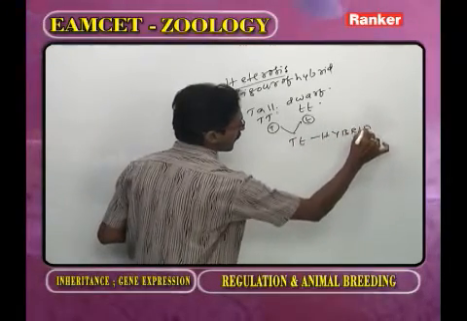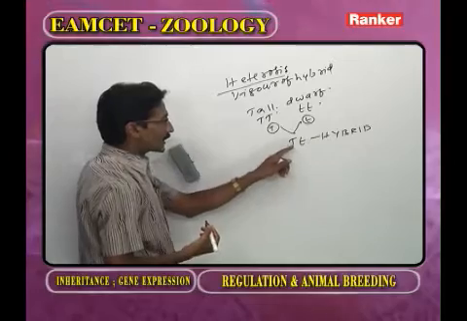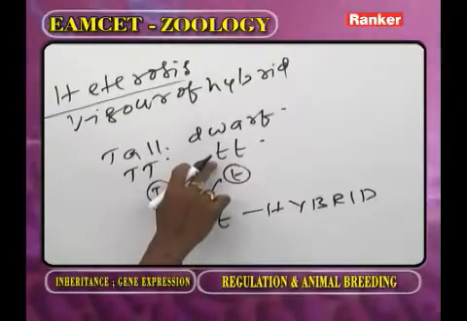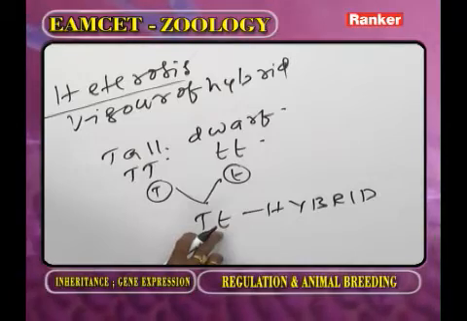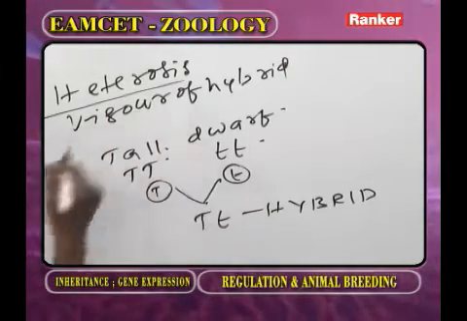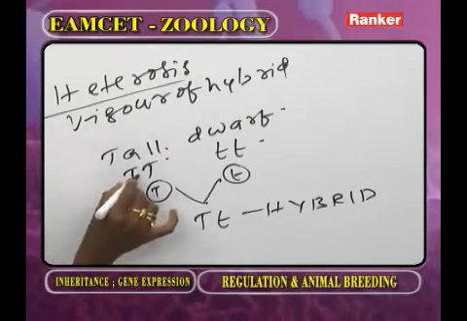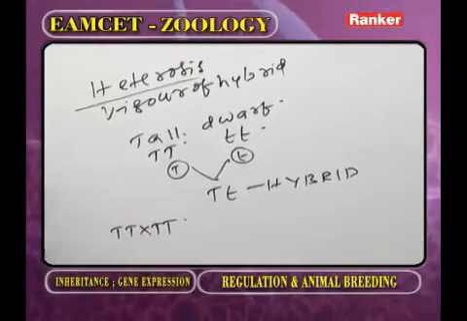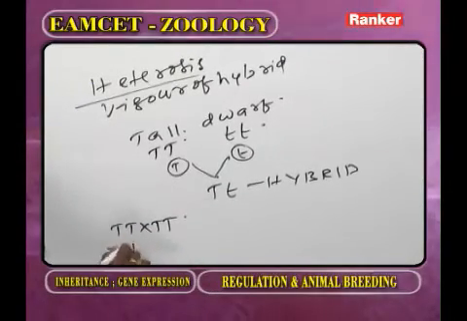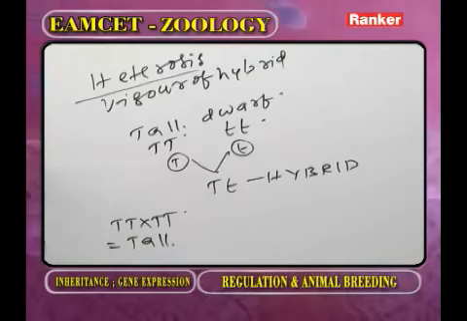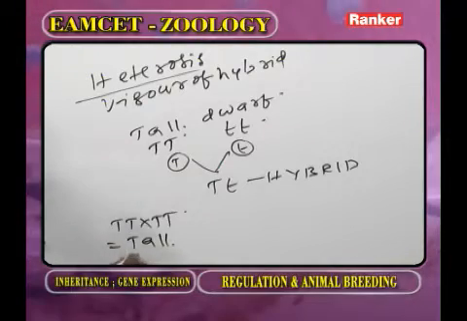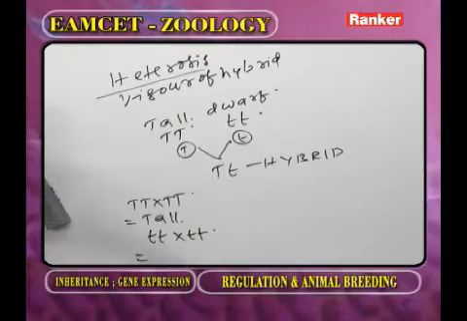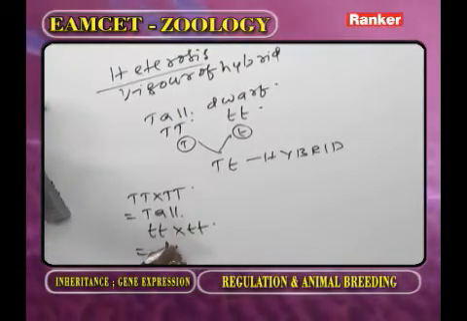Okay. Now what is the genotype? Capital T, small t. When compared to that of parents, this hybrid offspring has more vigor, because whenever capital T is crossed with capital T, always we are getting only homozygous tall. In the same way, whenever small t is crossed with small t, always we are getting the homozygous dwarf.